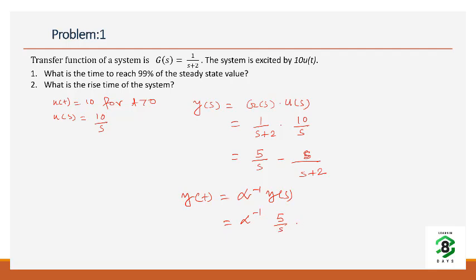Five by S minus 5 by S plus 2, which is first term is 5 again, and second term is exponential term 5 e to the power minus 2t, which is 5 into 1 minus e to the power minus 2t.